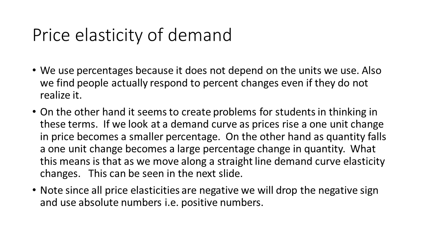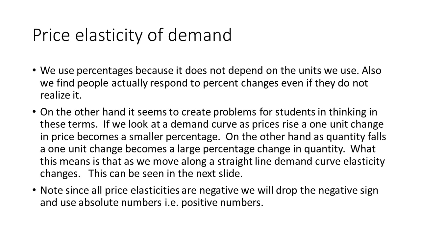When we get up to $10, a $1 change is only 10%. And the problem is, as long as we're moving along that demand curve, both quantities and prices are changing, and so are the percentages. On the other hand, as quantity falls, a 1 unit change becomes a larger percentage change in quantity. What this means is that as we move along a straight line demand curve, elasticity changes. And this is going to be seen in the next slide.